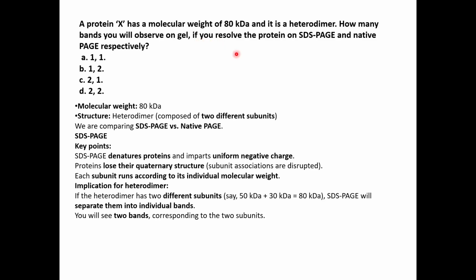So in case of SDS PAGE, you will observe two bands because it is a heterodimer, and in native PAGE, you will observe a single band. So here the answer would be SDS and native: two bands and one band.